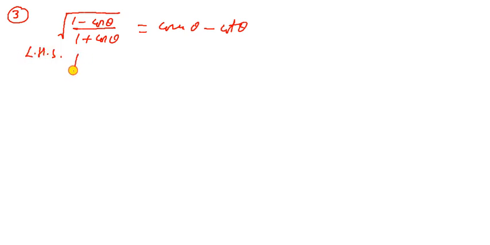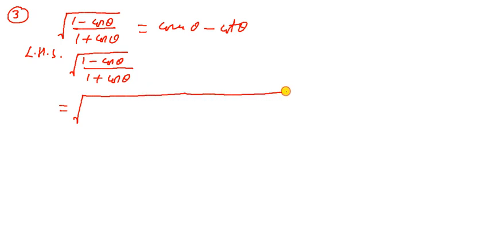So taking the left hand side, what will happen? It is 1 minus cos theta upon 1 plus cos theta. Now take the square root of 1 minus cos theta upon 1 plus cos theta.